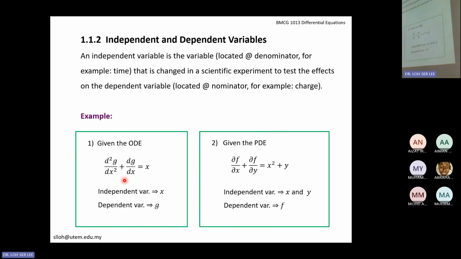If you are given a differential equation and asked to identify the independent variable, from this example it is x and the dependent variable is G. From this PDE, the independent variables are x and y, and the dependent variable is F, the one at the top.